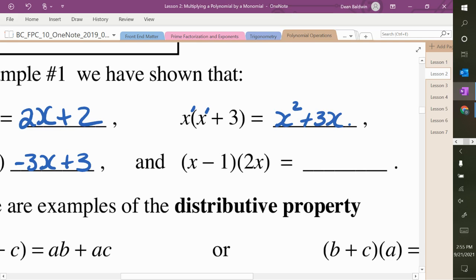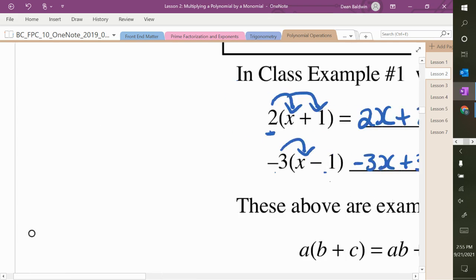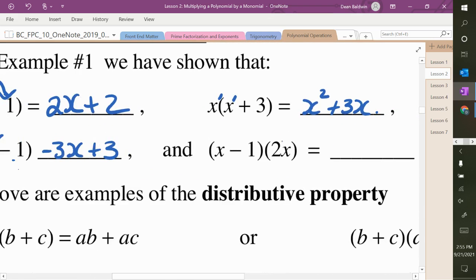Sometimes they will try to trick you and flip the order. x minus 1 times 2x. Don't get tricked. It's all of this bracket times each of these. So what is 2x times x? What number's in front of this x here? A 1. So what's 2 times 1? 2 times 1. x times x is x squared.